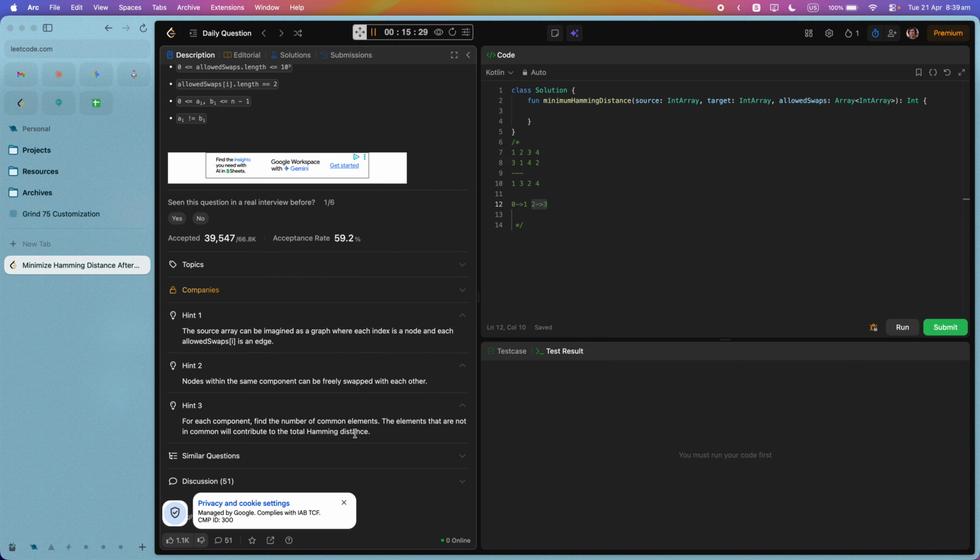The elements that are not common will contribute to the total Hamming distance. Okay, what is this? What does this mean? Find the number of common elements.